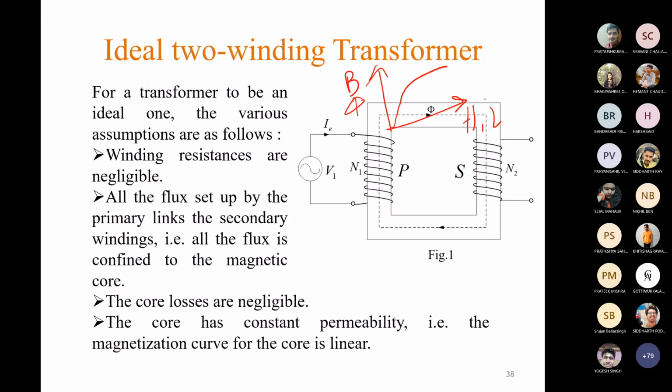That means we consider only up to this portion, before the knee point, and not after it. So these are the four assumptions required for any transformer to be an ideal one.